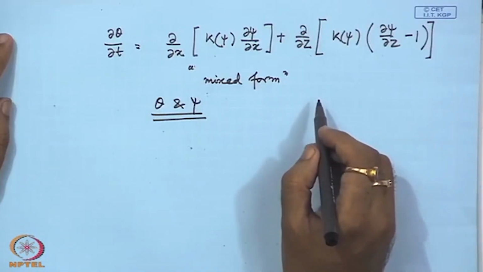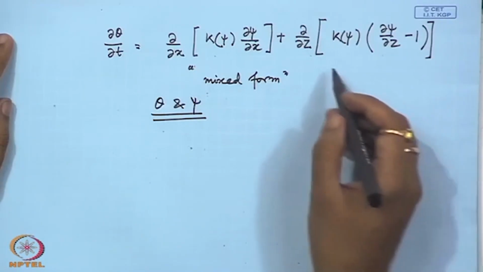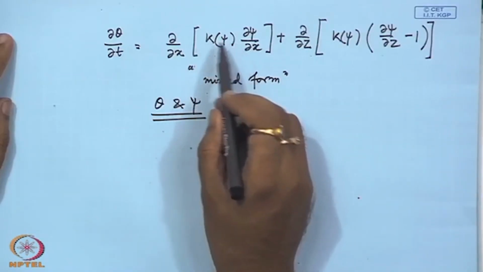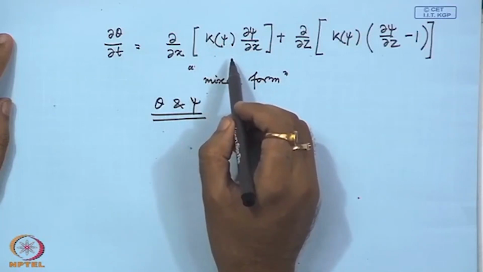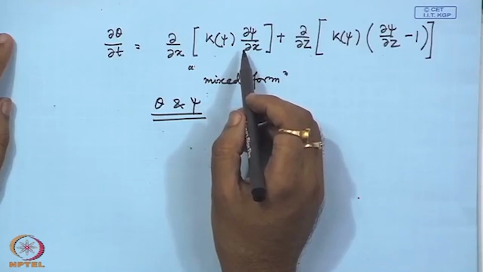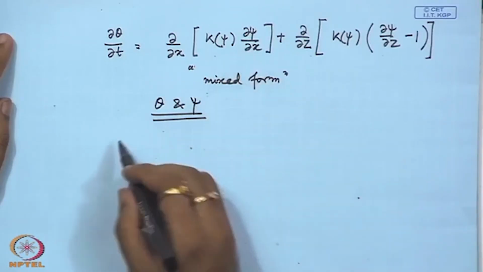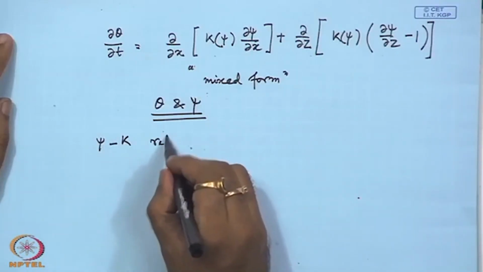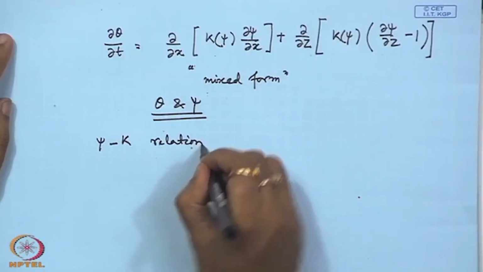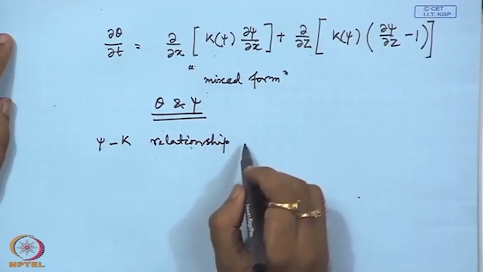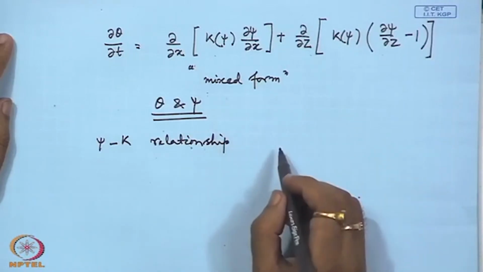So, it is important to have the expression for k psi, which is unsaturated hydraulic conductivity, and this psi k relationship dictates the flow regime.